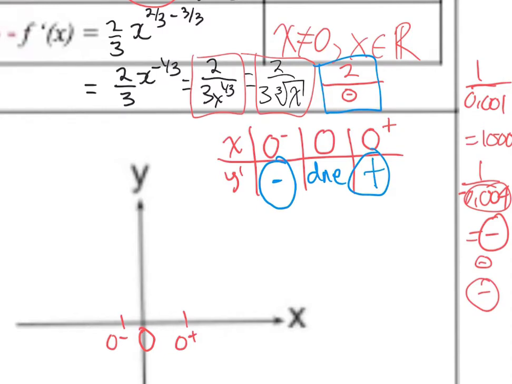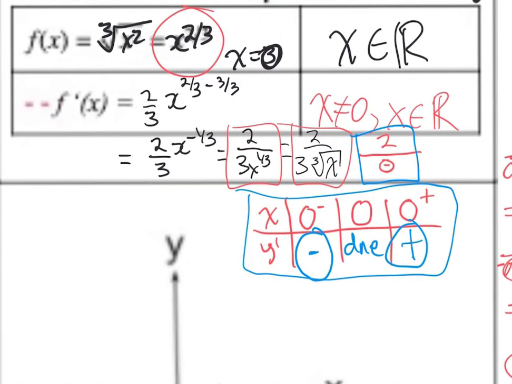Okay, what does this y prime represent? Is that the value of the function or the slope of the original function? Well, that's the slope of the original function. Oh, by the way, let's make sure we plot on here. What is the value of the original function when x equals 0? If I put x into this original function, what is 0 to the exponent 2 over 3, or in other words, 0 squared, cube root?